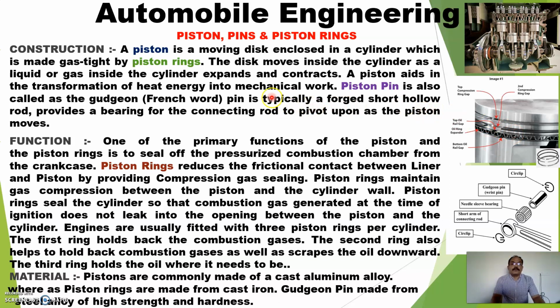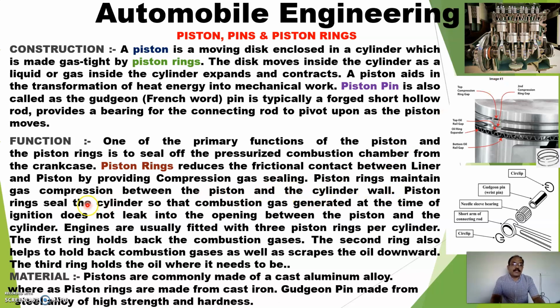Now what is the function of these piston rings? Piston rings reduce the frictional contact between liner and piston by providing compression gas sealing, because the explosion taking place on the top side of the piston should not leak from the side of the piston. It must only press the top side of the piston, so that the crank will move.